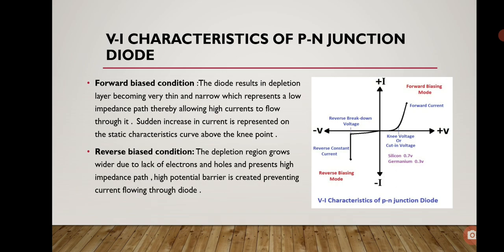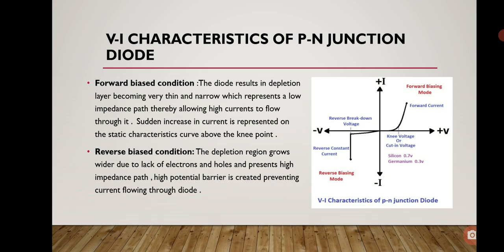Now let us see how we can pictorially represent the VI characteristics of the PN junction diode. Firstly, the forward bias condition is represented here. As I already explained, the current starts rising. The point at which the current starts rising continuously is termed the knee voltage or the cut-in voltage.